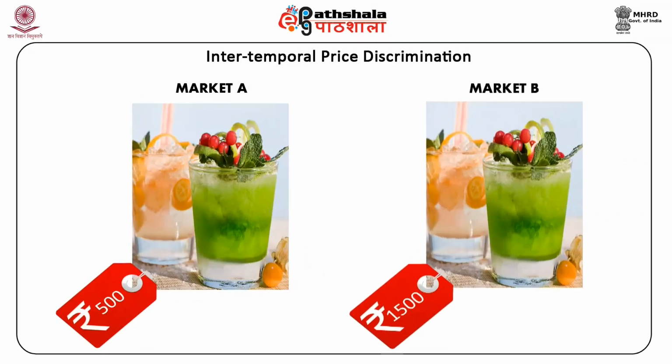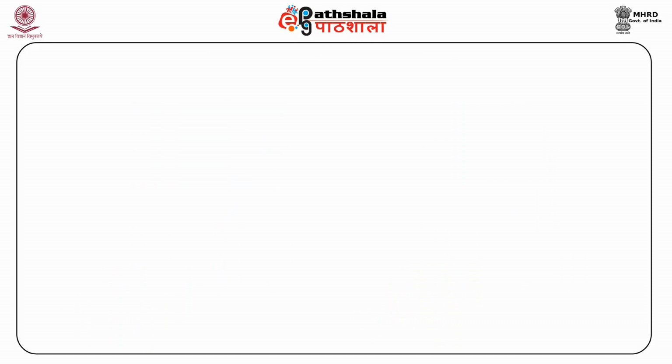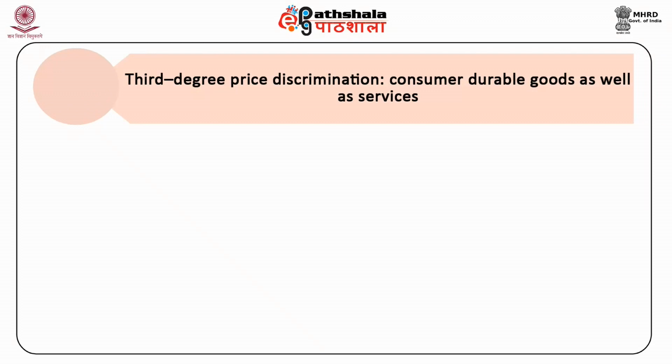Intertemporal price discrimination. Intertemporal price discrimination is a common form of third degree price discrimination frequently observed in markets for consumer durable goods as well as services.